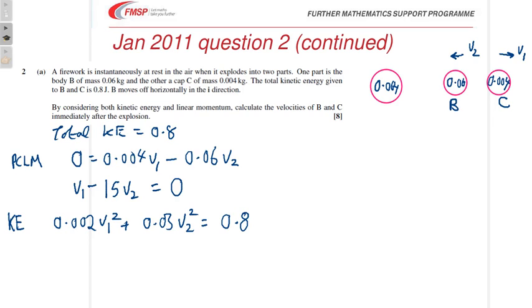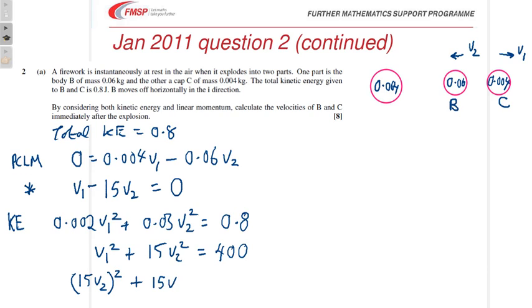That tidies up to V1 squared plus 15 V2 squared equals 400. Now V1 is 15 V2. So from this equation, we can get 15 V2 all squared plus 15 V2 squared equals 400.